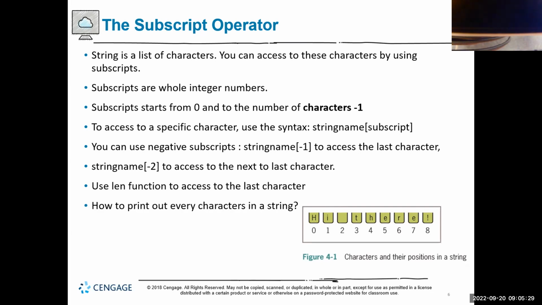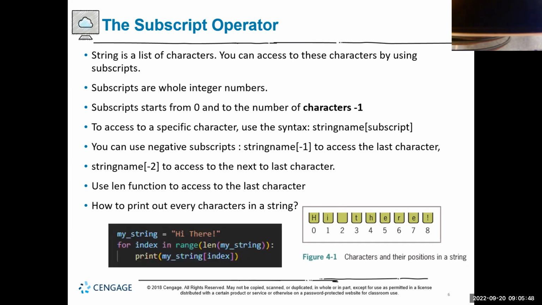Now think about it. If you want to write a program to print out every character in the string one by one, how do we do it? What do you think? A for loop? Yes, you use a for loop, starting from 0 and going to the last character, so normally you use the length function here. If I have my string, I use a for loop with the index, or subscript, and I use the range function.